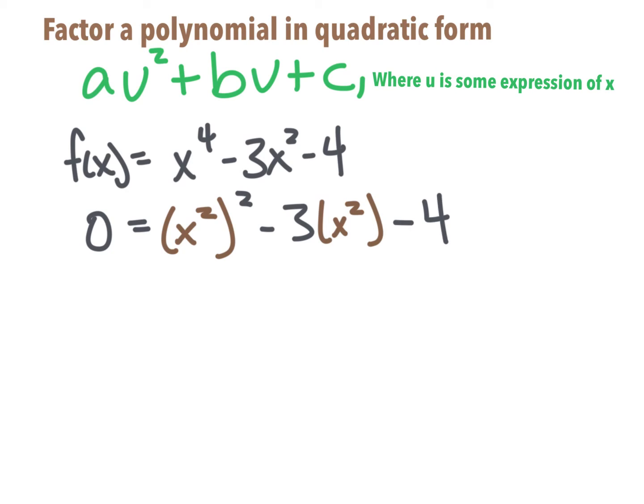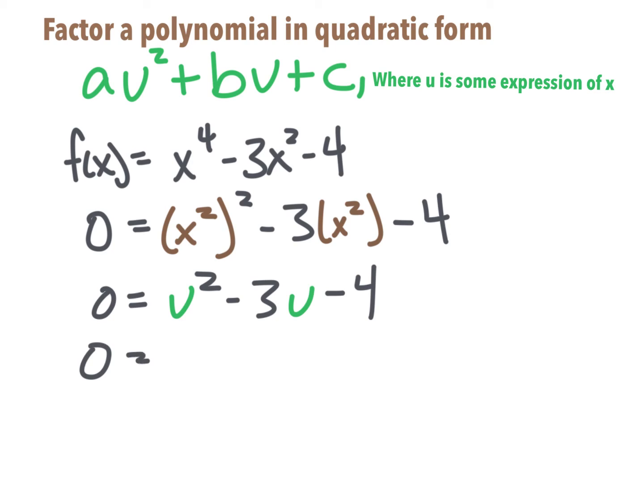So what I'm going to do is I'm going to substitute u in for these x squareds. So 0 equals u squared minus 3u minus 4. Because this I can factor. This would be (u minus 4) times (u plus 1).